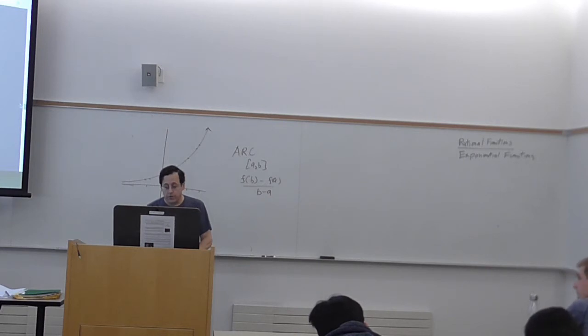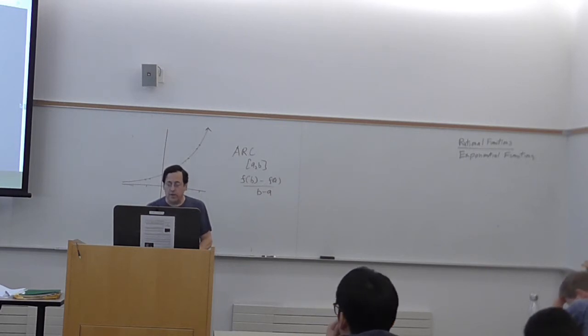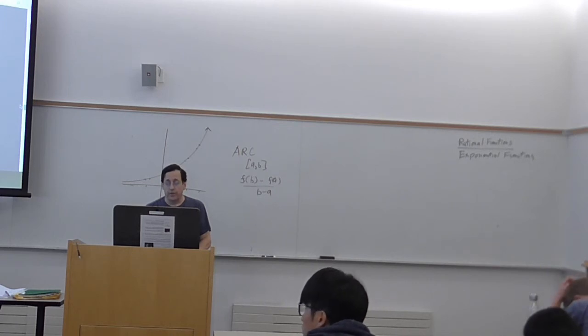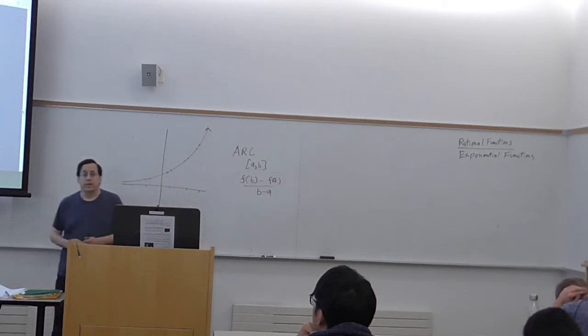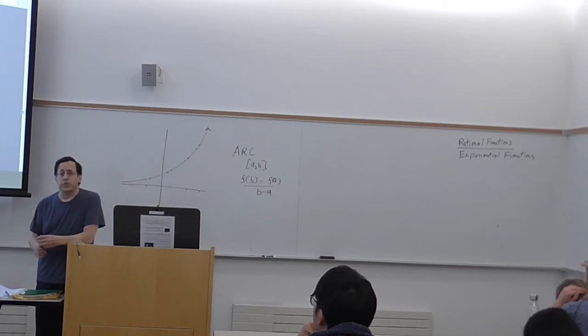Okay, so there's my graph. I take these points, I find the average rate of change, and I graph them. And then I draw a line through them. And I find that I have another exponential function. Ooh, that's kind of eerie. Neat.